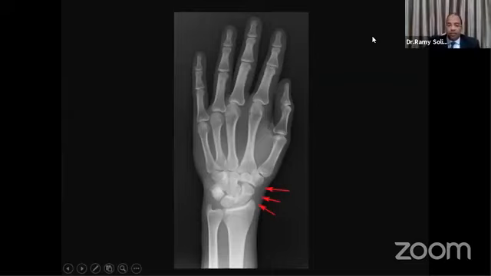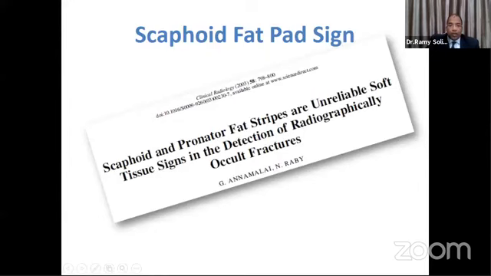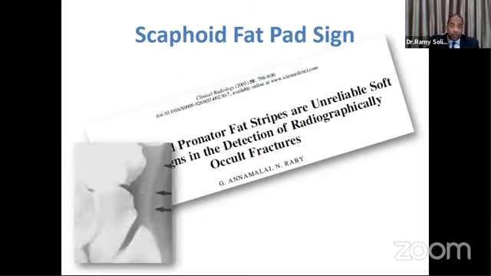Yes, this is the plain X-ray of the patient. I think this is a magnified one. This longitudinal dark line is the altered scaphoid fat stripe sign. Unfortunately, this sign is only 50% sensitive and 50% specific, but it may aid in the diagnosis.